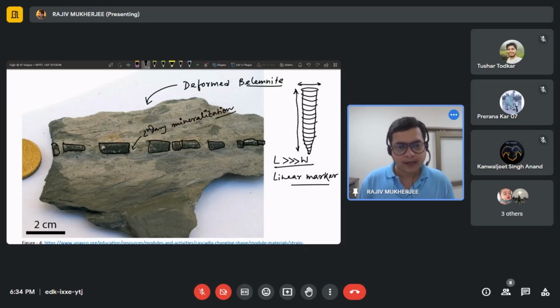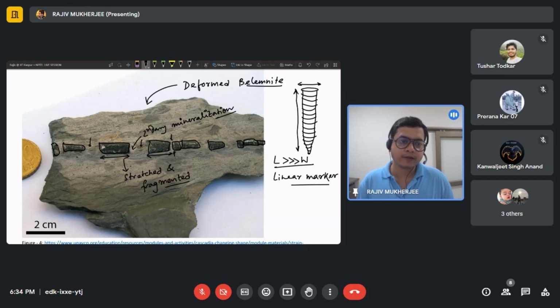So these are stretched and fragmented, and in between the rock matrix has been introduced like this.